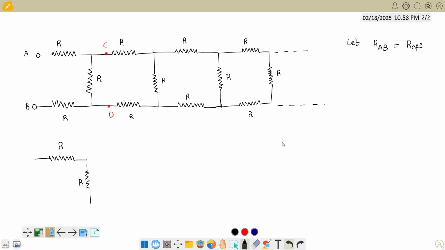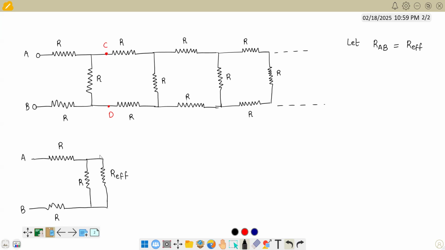Whatever is across AB, if I remove that section, across CD also we must get the same thing. So we'll get again R effective. This is a very interesting way to solve infinite series problems. Then here we have R, and this is AB.